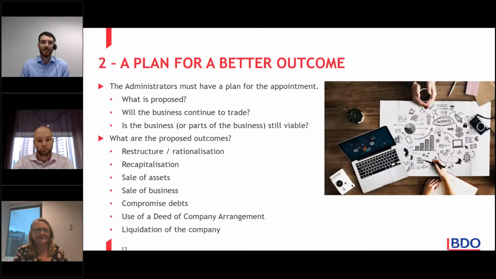And that's on slide 2. So what is going to be the better outcome? And hopefully the administrator has a plan for this. That's the expectation. If the business is going into VA, it's just like skydiving, and the plan hopefully can act as a parachute.